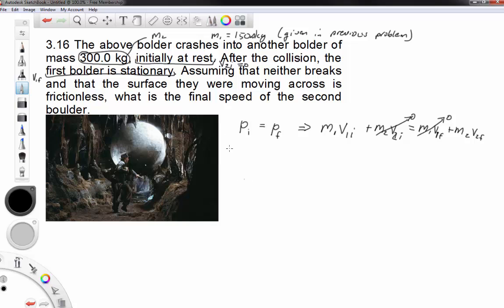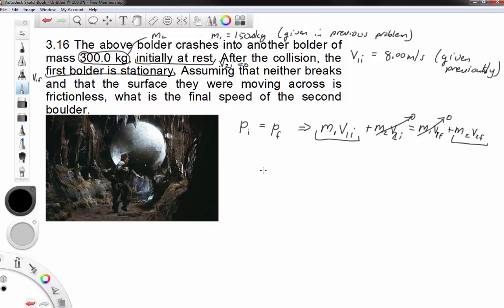So we rid ourselves of this term. The initial speed, V1 initial, was 8 meters per second. That was also given previously. So review the previous problem to see where those two numbers have come from.